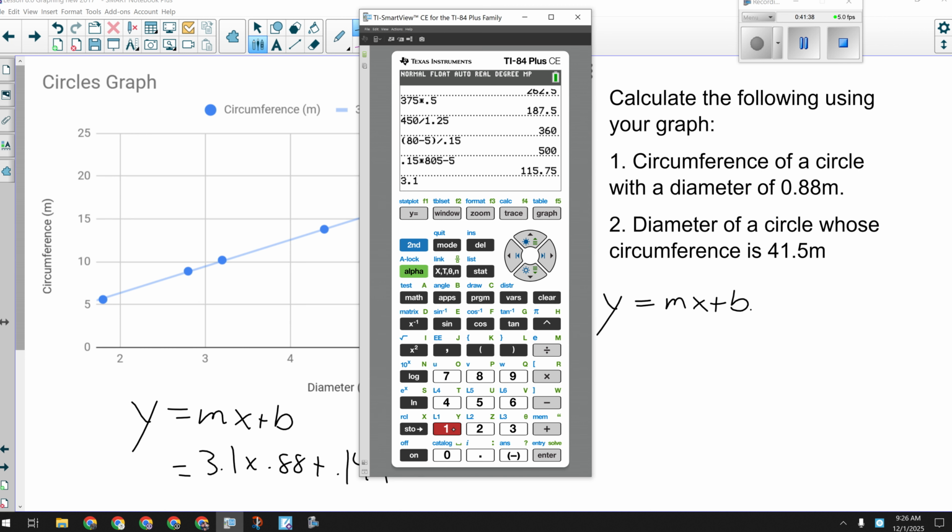So 3.1 times 0.88 plus 0.149. This time I'm actually plussing like I should. So it would have a circumference of 2.877 meters.